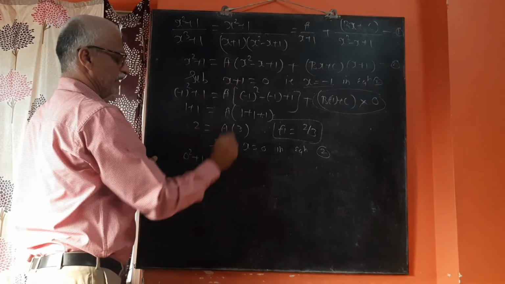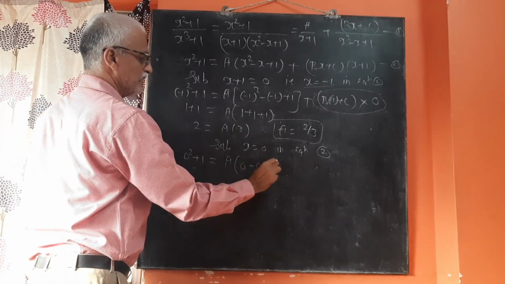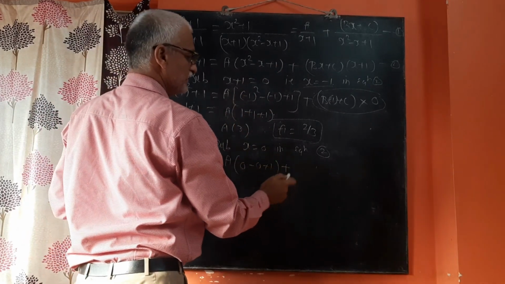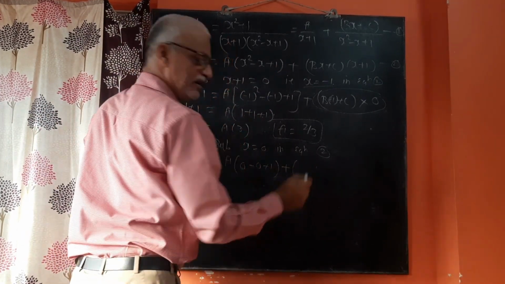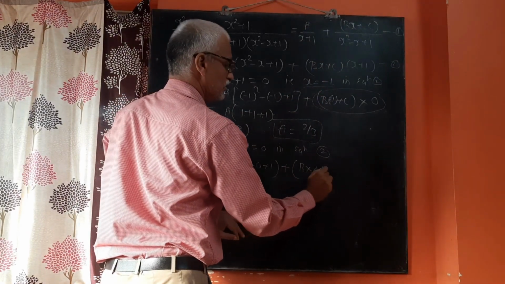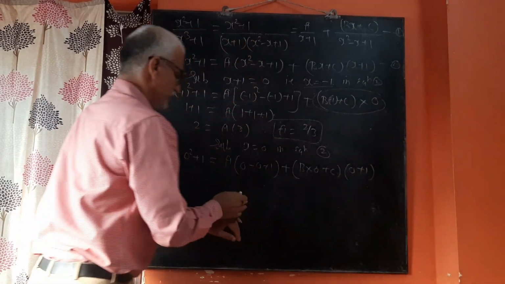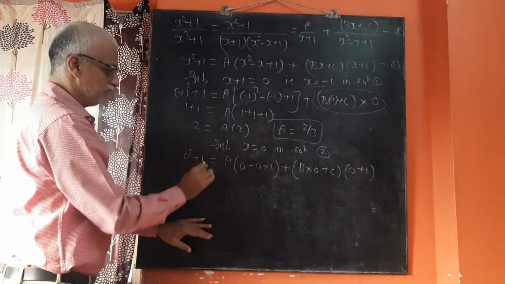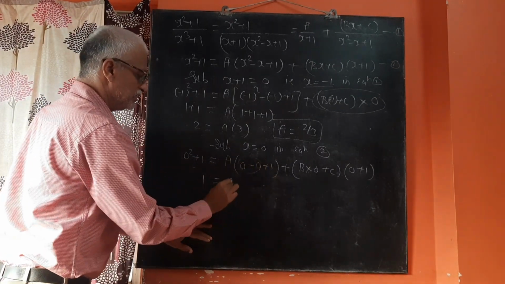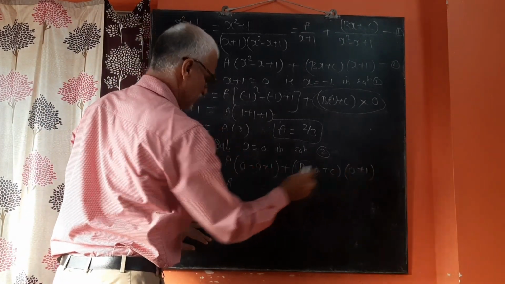Is equal to a into 0 square, that means 0, minus 0 plus 1, plus in bracket, you always put the bracket here, b into x is 0, plus c into 0 plus 1. So 0 square is 0, 0 plus 1, that means 1, is equal to, this is 0, so 1 into a, that means a. b into 0 is 0, so remaining c into 1, that is plus c.